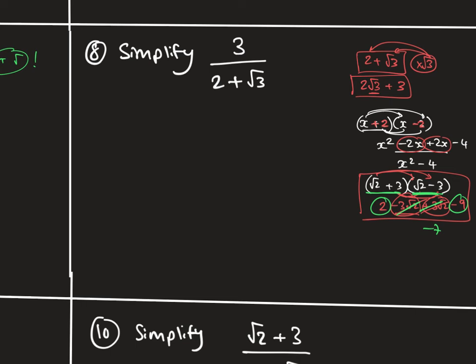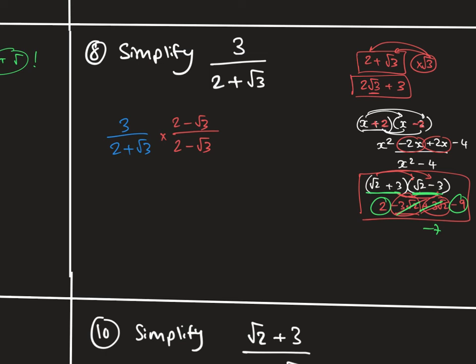Again, same thing. We've got this question here: 3 over 2 plus root 3. What I'm going to do is multiply the bottom by 2 minus root 3. So it's not quite the same as the example I gave, but let's have a look. Of course, if we multiply the bottom by that, we also have to multiply the top.